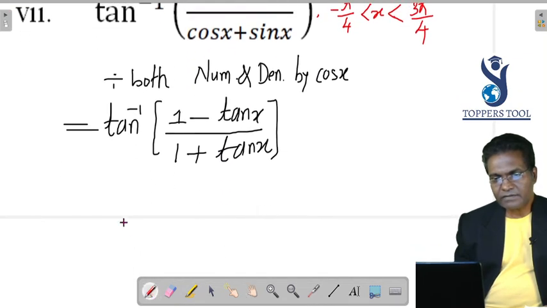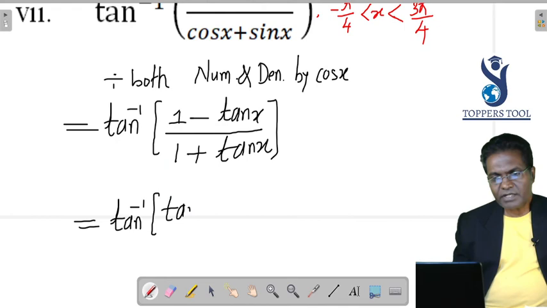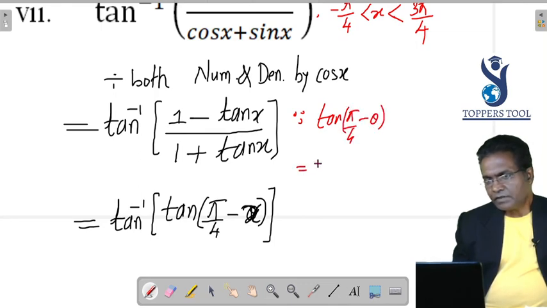Okay, so this is equal to tan inverse of, you may write it as I mentioned earlier, it is tan of pi by 4 minus theta, that is minus x. Okay, because note this, tan of pi by 4 minus theta is 1 minus tan theta by 1 plus tan theta.